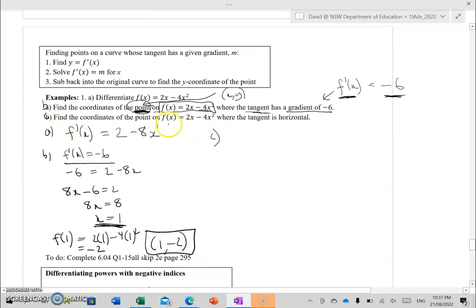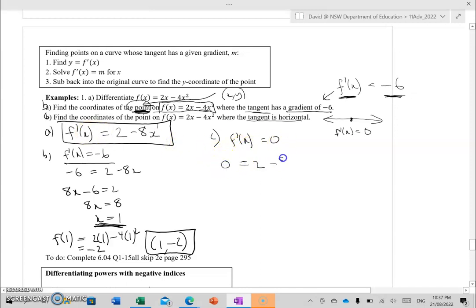C. Find the coordinates of the point where the tangent is horizontal. Okay, so for a tangent line to be horizontal, what gradient of the tangent would that be? Well, that would be a gradient of 0. So if the gradient of the tangent is 0, f dash is 0. So I'm going to set the whole of f dash x to be 0. So 0 is equal to 2 minus 8x. Let's bring that over there. Divide by 8, we get x is a quarter.